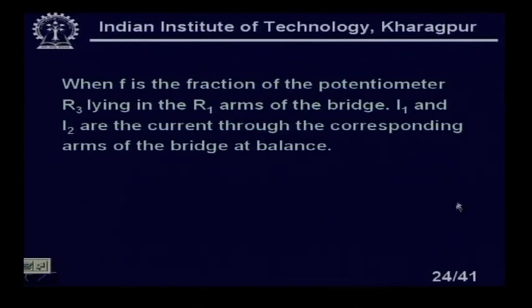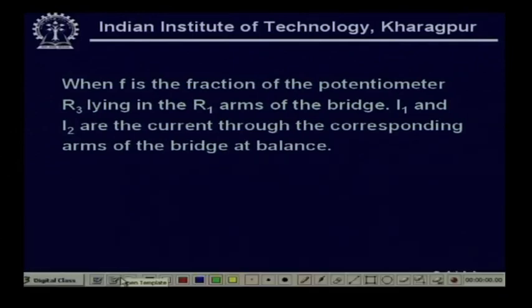Actually, sorry, I4 and I2 are the currents in the corresponding arms of the bridge circuit.